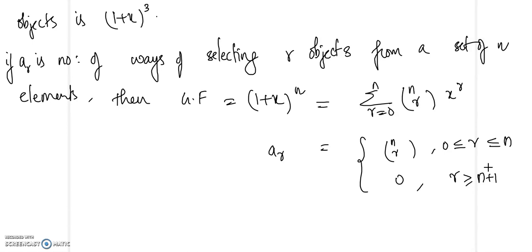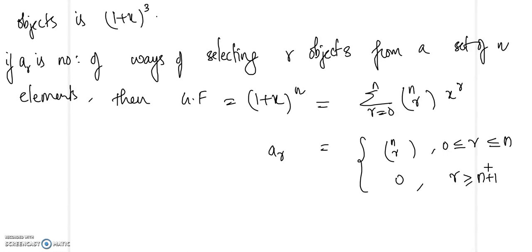Now let us look at, in the same way, if we are given a multi set, how to form the generating function. In a multi set the same object can be selected different number of times.